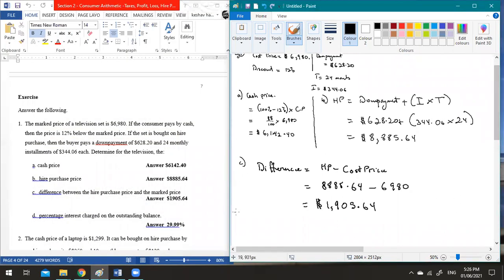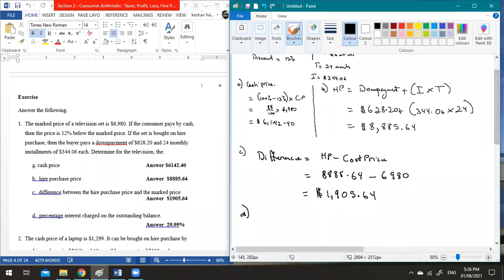And the last part, D, the percentage of the interest charged on the outstanding balance. Now, what is it that they're asking? If you pay down this amount, what is the outstanding balance?